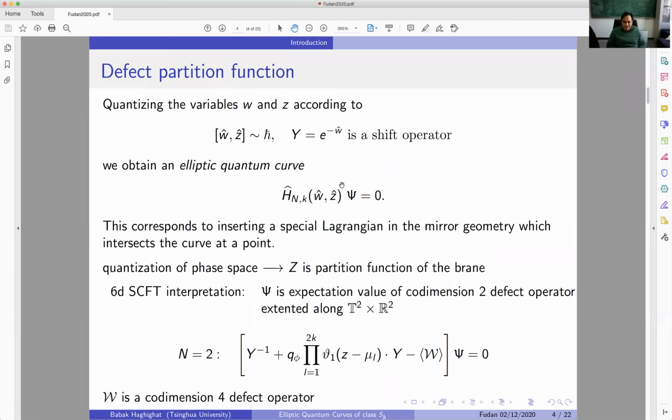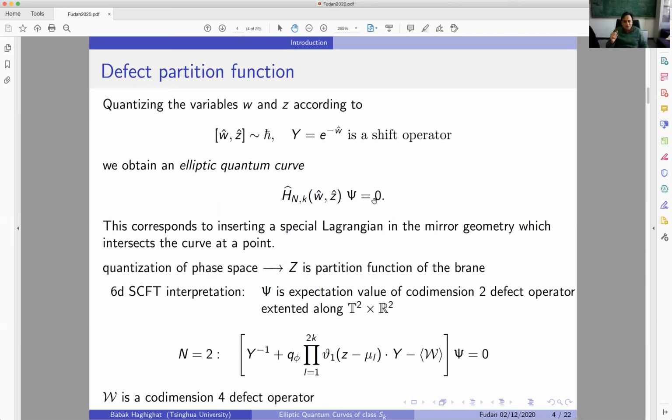The way we approach this, and the way you can think about this, is in the sense of defect partition functions. So in the 6d SCFT, there will eventually be a codimension 2 defect partition function, which we call psi. But in order to see why it will satisfy such an equation, let's employ mirror symmetry.